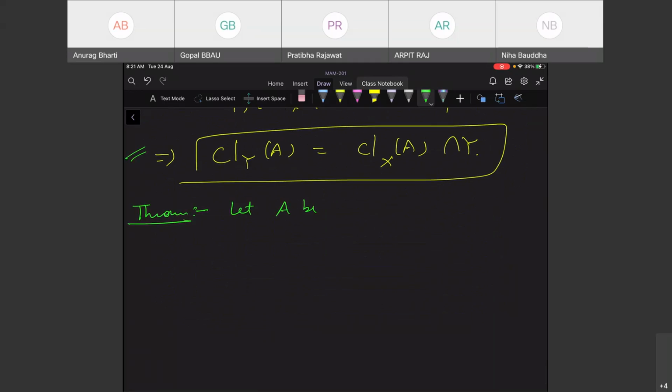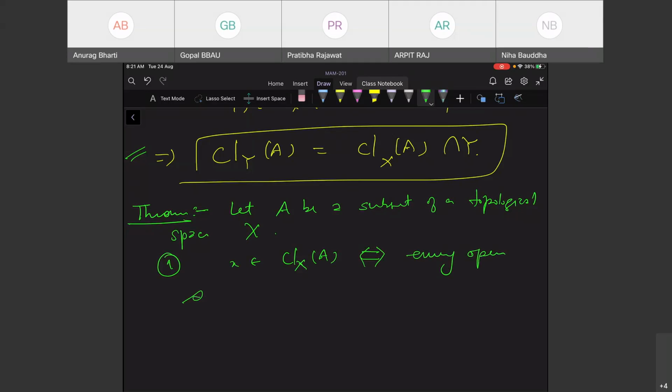Let A be a subset of a topological space X. Then x is in closure of A in X if and only if every open set containing x intersects with A.